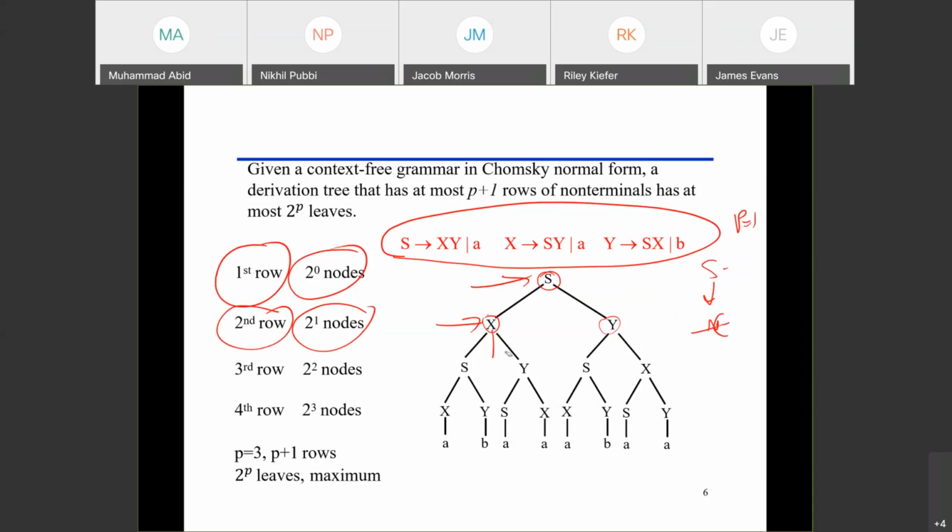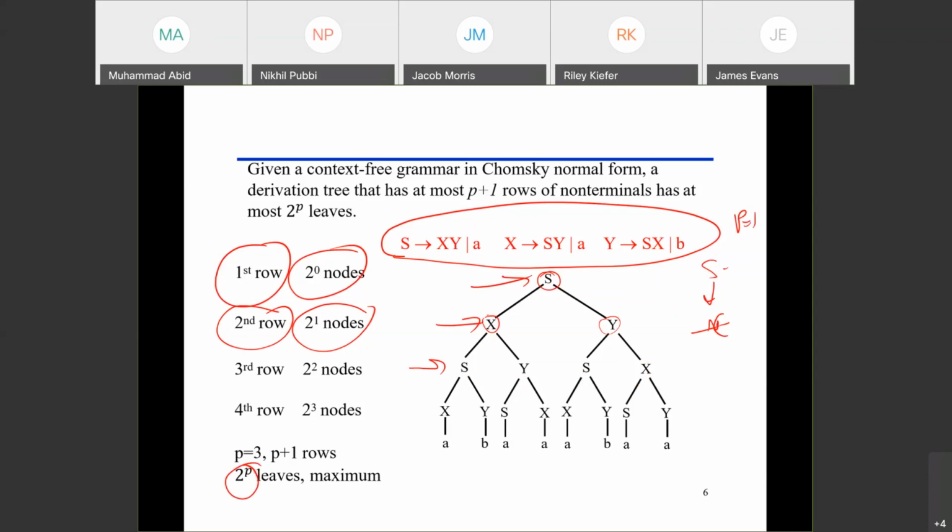And exactly the same way, if you are at the third row, 2 raised to power 2, so 4, the maximum length of the word you can generate will be a 4-letter word. Look at this one. And if you are at the fourth row, 2 raised to power 3. So this is a formula: 2 raised to power p leaves maximum you can generate with this thing.